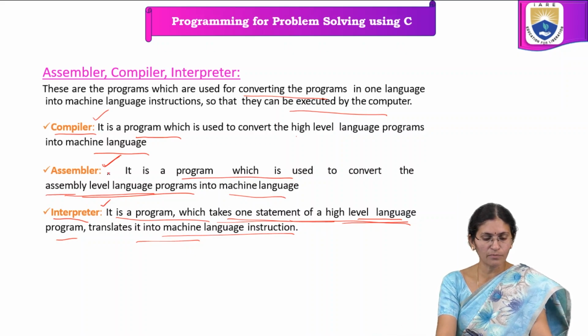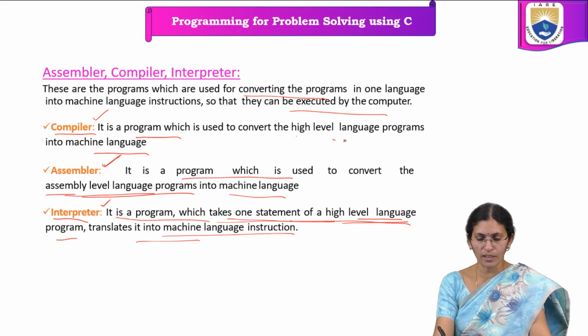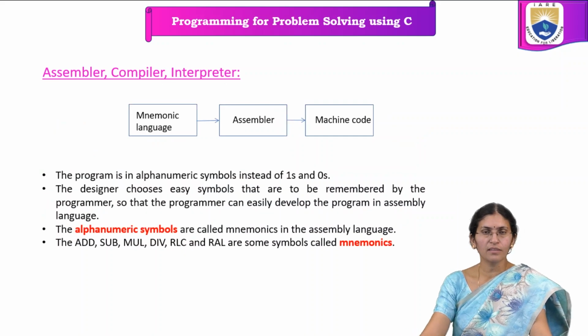Whereas for compiler and interpreter, the source is high level language programs, and they convert it to machine language, but the way of converting is different for a compiler and an interpreter. Now let us see compiler, assembler and interpreter in detail.